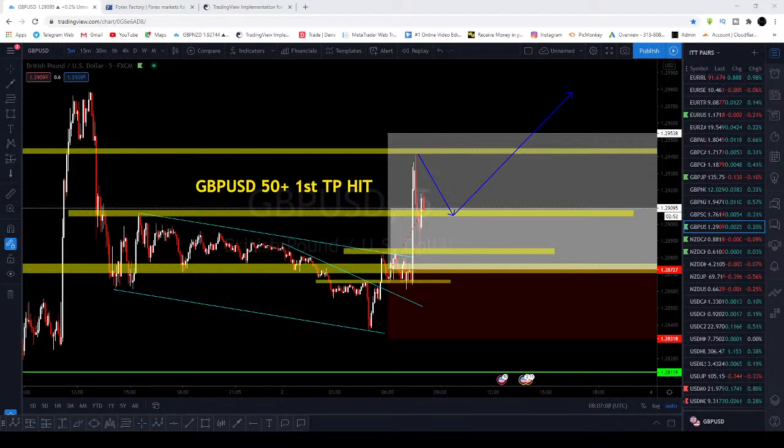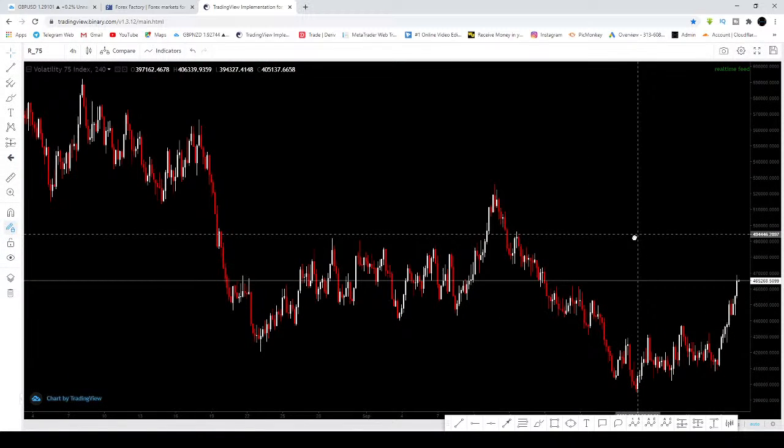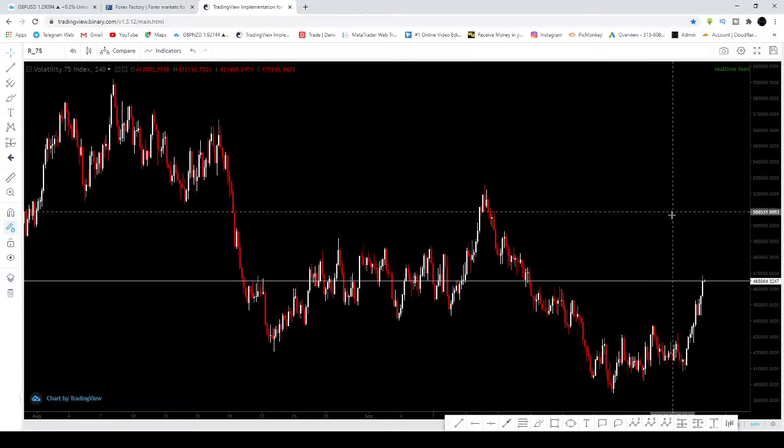Do you also trade VIX boom and crash? I don't trade VIX. I don't trade boom and crash, but I trade volatility 75. I trade that, but right now, I'm not interested in trading volatility 75 based on some things I'm seeing that are happening in the market. So as you can see, this is volatility 75 on our time frame, right?